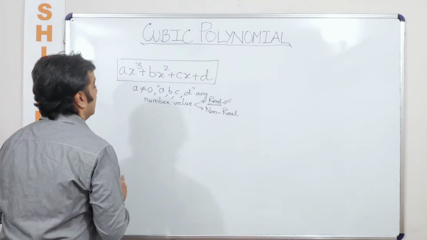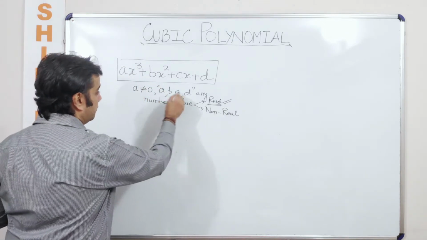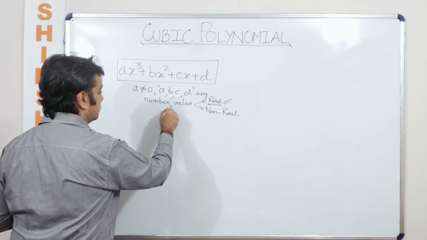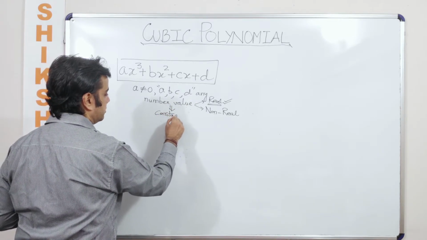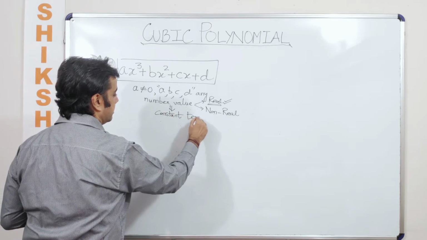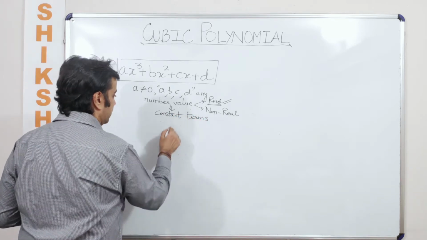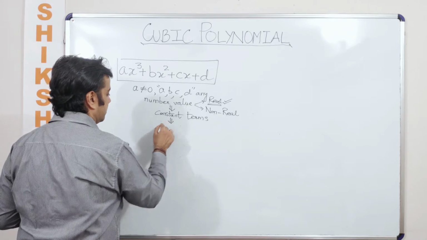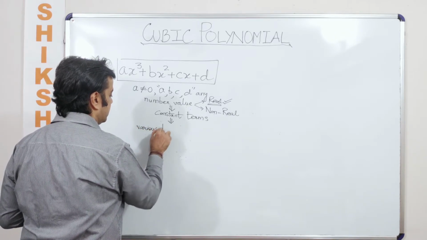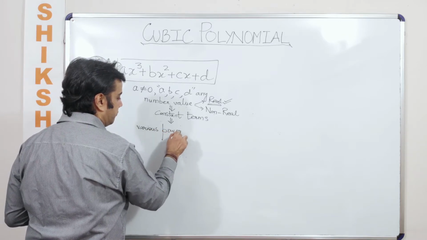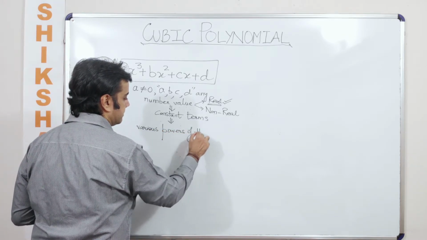Okay. So now can I say all of these are not only number values, they are constant terms being used. These are the constant terms that we are using here. And then along with the constant terms, I am using various powers of the variable x.